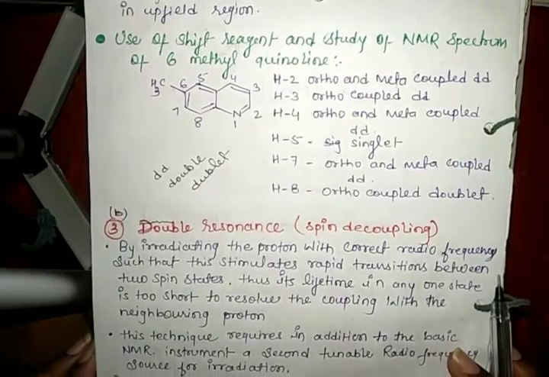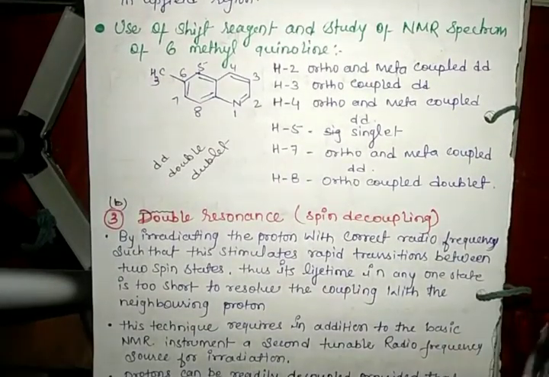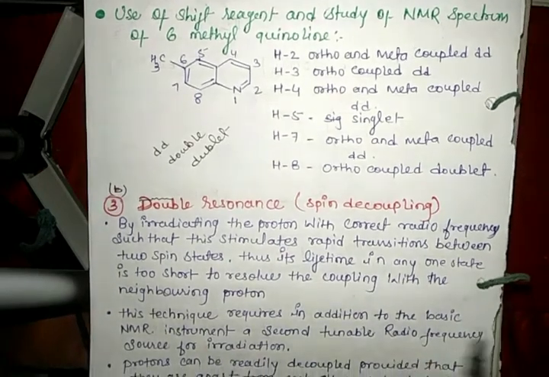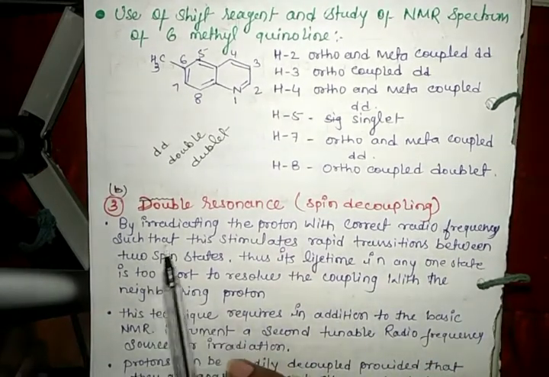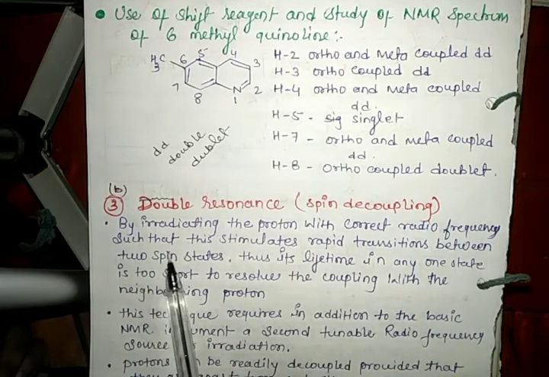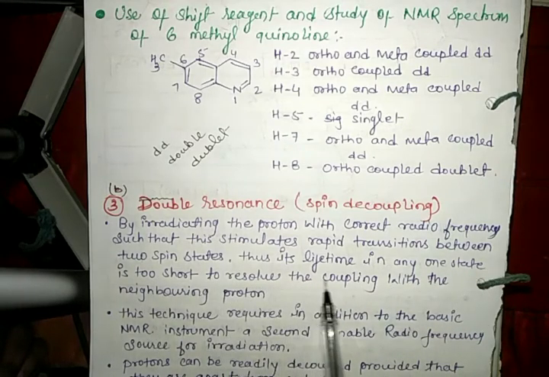Next we see third point, which is double resonance or spin decoupling. First point is, by irradiating the proton with correct radio frequency such that this stimulates rapid transition between two spin states, thus its lifetime in any one state is too short to resolve the coupling with the neighboring proton.